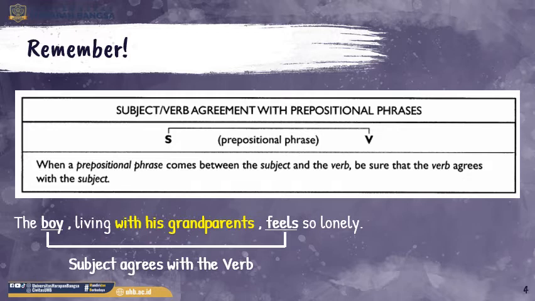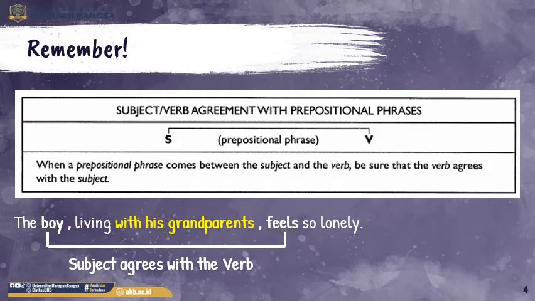Ingat ya, verb itu tergantung pada subjek. Jadi kalau subjeknya singular, to be-nya harus is atau was. Verbnya harus goes, memakai s. And then if the subject is plural, so the verb is are or were. And then the verb is, for example, study or go.